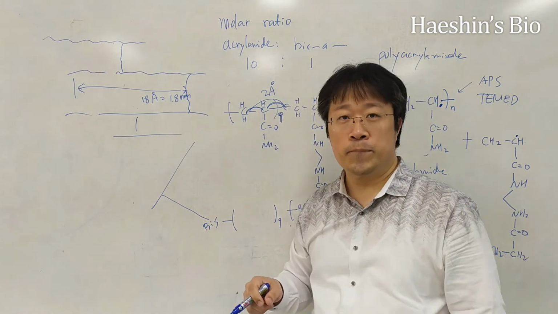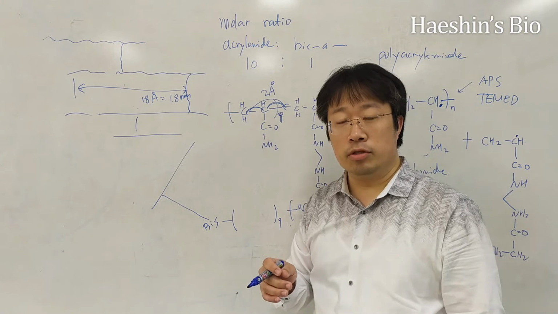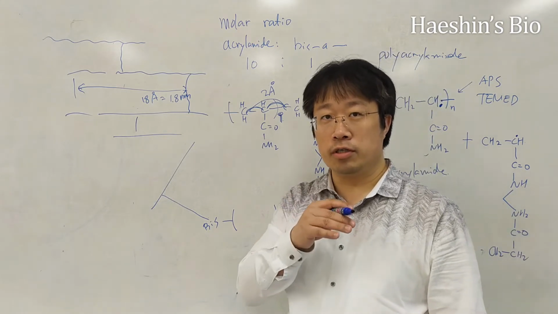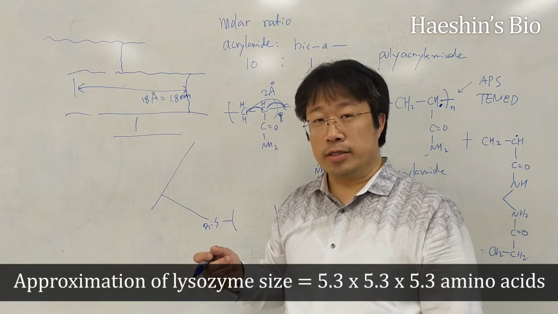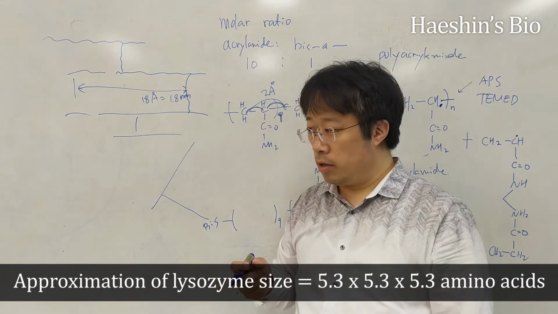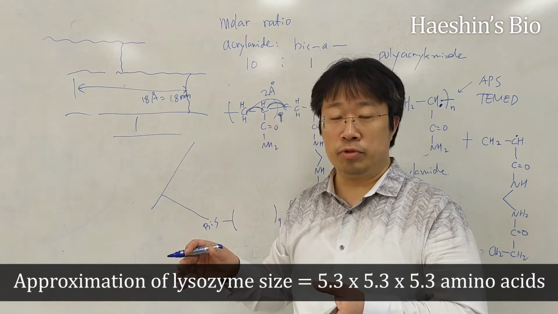Right. So remember in the first class we talked about the size of the protein. I will give you the first example, which is lysozyme, about 140 amino acids, folded into 3-dimensional space, which is a cube.